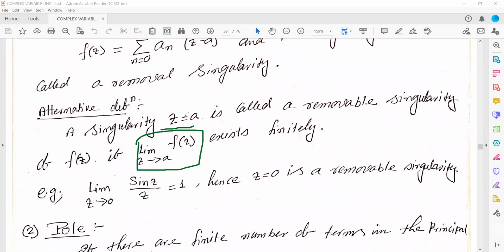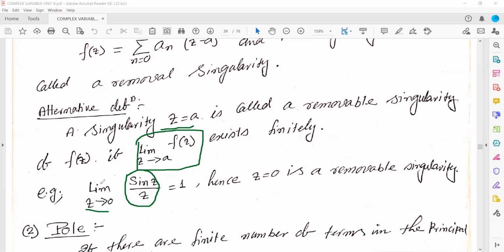For an example, consider sin z by z. At z equal to 0, the function is not defined, so z equal to 0 is a singularity of the function sin z by z. Now, to check whether z equal to 0 is a removable singularity, just take the limit as z tends to 0.